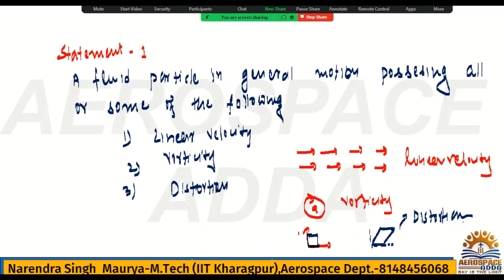So the point is, whenever the fluid particle is having motion, then it may possess any one of these or all or any two: linear motion as well as vorticity, vorticity and distortion, or linear velocity. That will happen. Okay, this is the first statement. It was given by Helmholtz. Okay, now we'll go for the second statement.